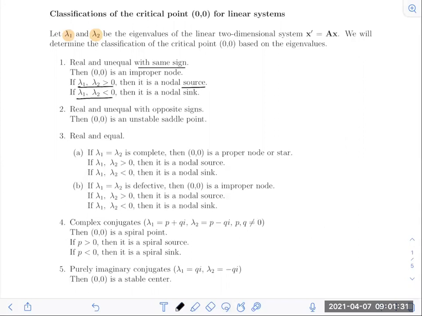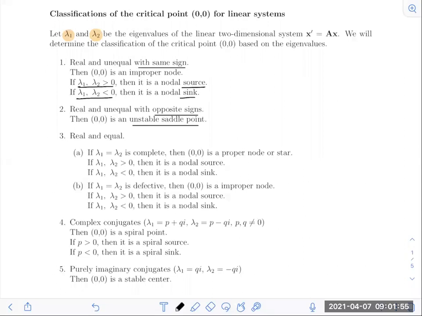And if they're negative, we have a sink. Case 2 says, what happens if they're real and unequal with opposite signs? The moment you see opposite signs, you don't need to look any further, then you know that it's a saddle point. And we know that saddle points are always unstable. So they just specified there that if it's a saddle point, it's necessarily unstable.